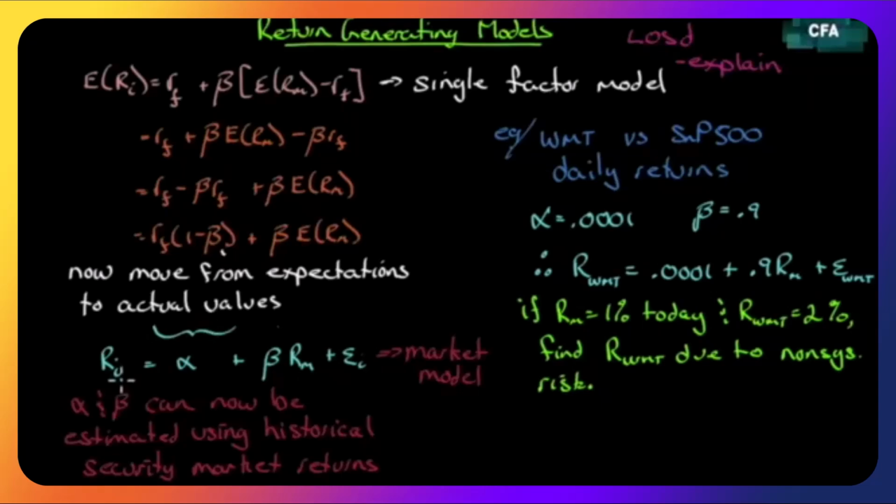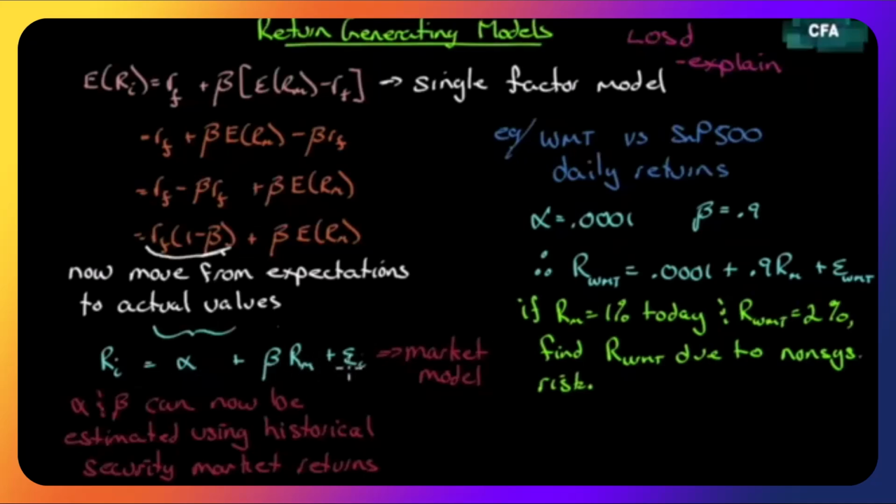Alpha is all of this now. This is our alpha term. This is written as alpha plus beta times the returns on the market, plus some error term. That's all that is. This is just a basic form of regression: Y equals A plus BX plus some error term. This is called the market model.